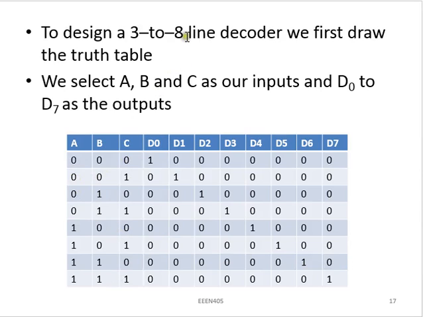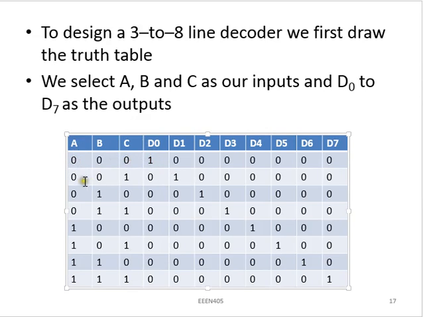Then our outputs, since they are up to 8, we have D0, D1, D2 up to D7, and you as the designer, you are the one that will select and say, okay, in the first row where I have all zeros, my D0 should be high. In the second one where I have 001, my D1 should be high, up to the last one where I have 111 for A, B, and C, and I say D7 should be high.